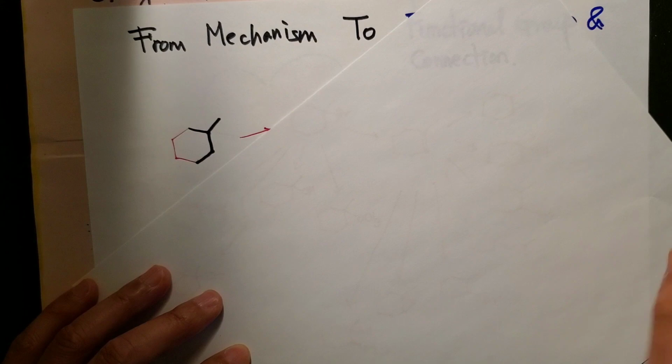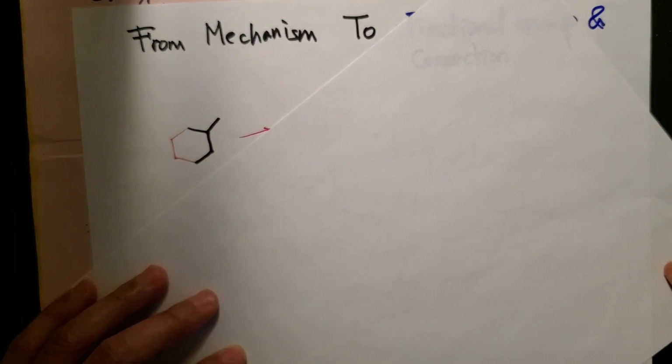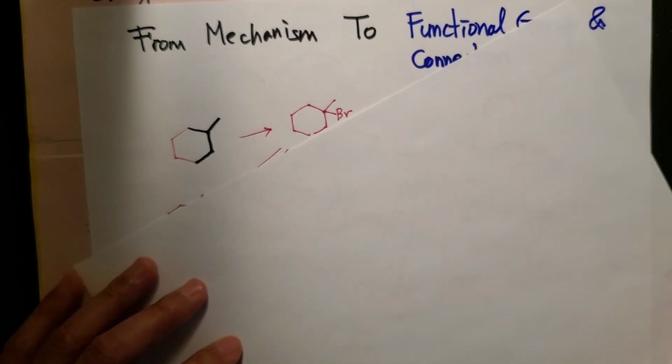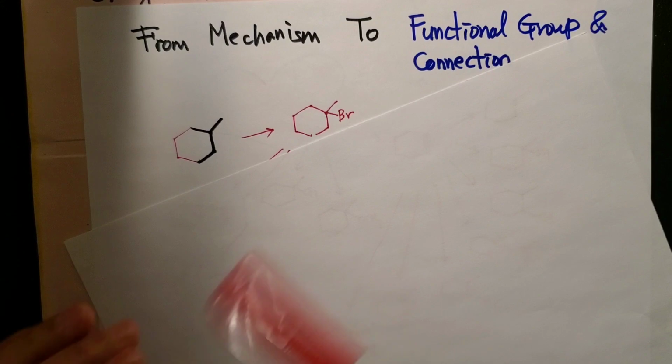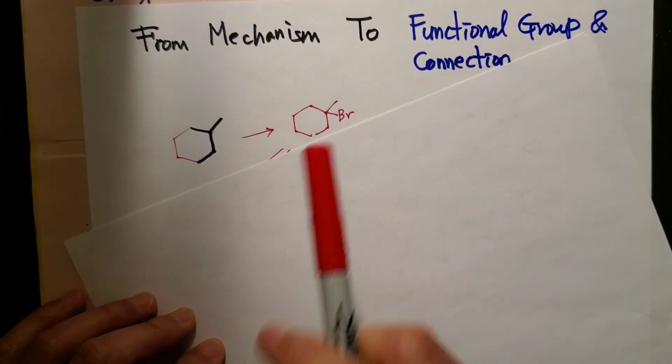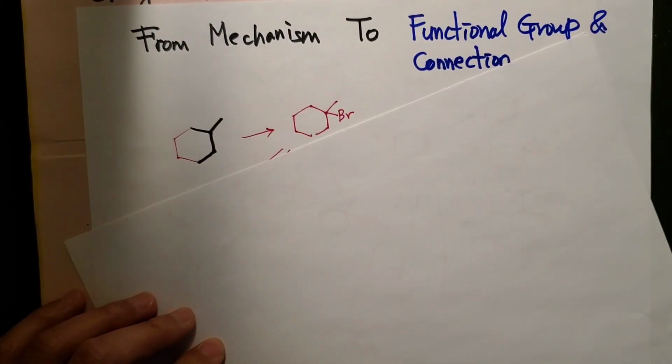So how do you react? What do you get? Only one reaction brings you something out of this, if you remember, and that was halogenation, right? So how do you do it? Br2 with light or heat, and you can get there.